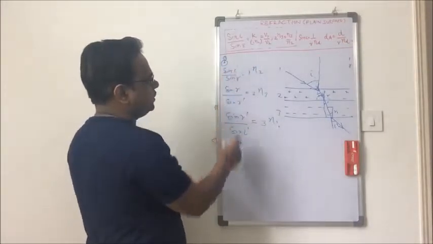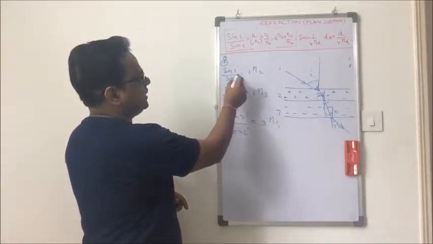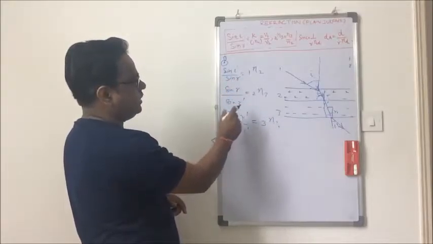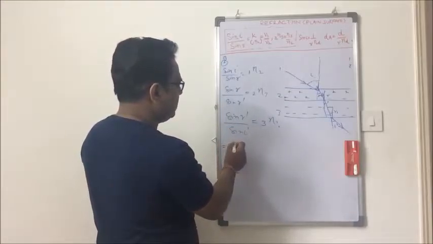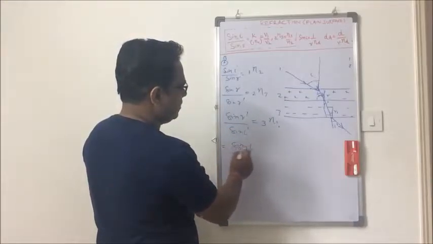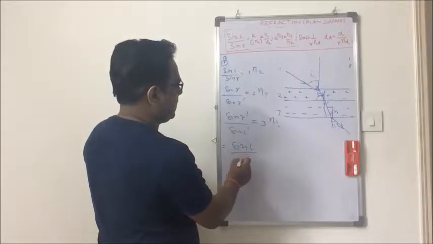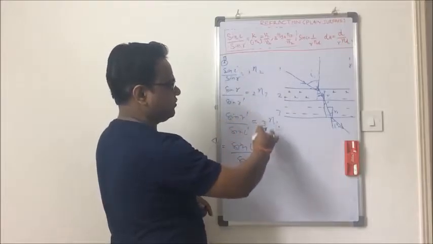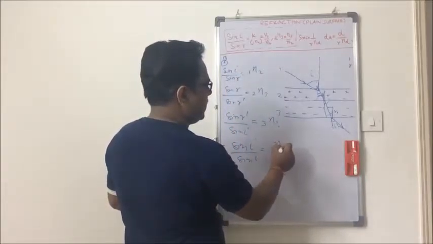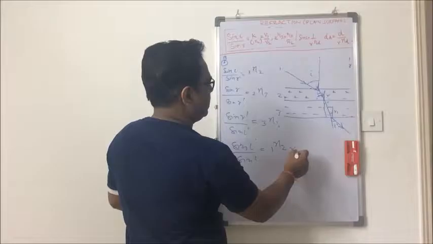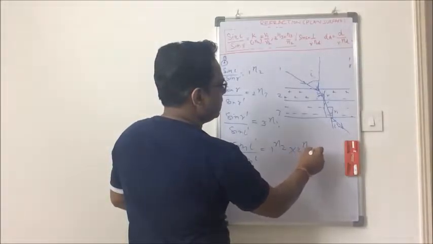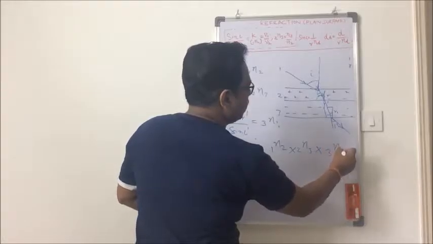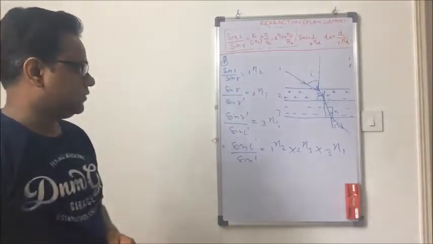If you multiply all these three, then sine R will be gone, sine R dash will be gone, and the only thing left is sine I divided by sine I dash, equal to the multiplication of all these three: 1 and 2, multiplied by 2 and 3, multiplied by 3 and 1.